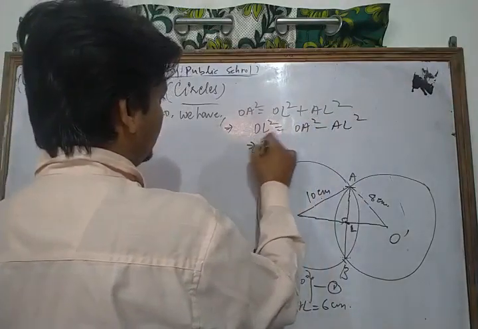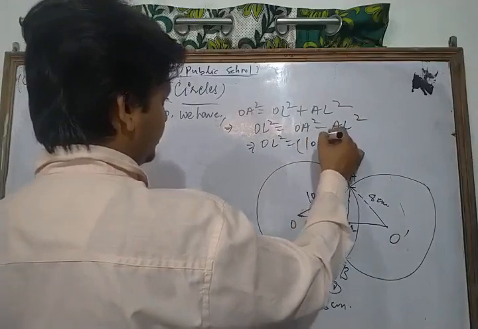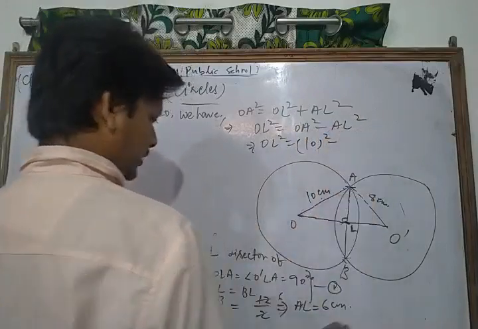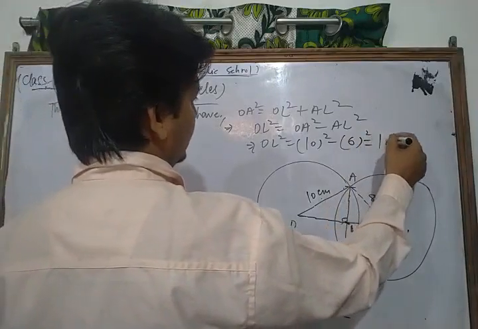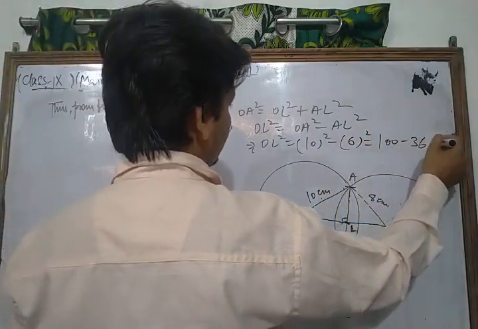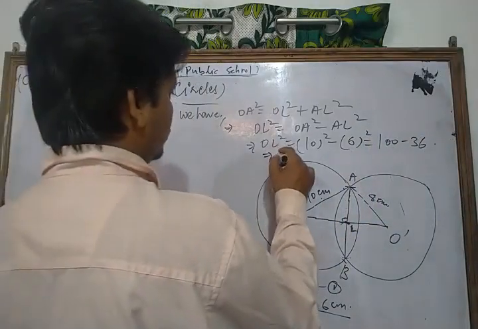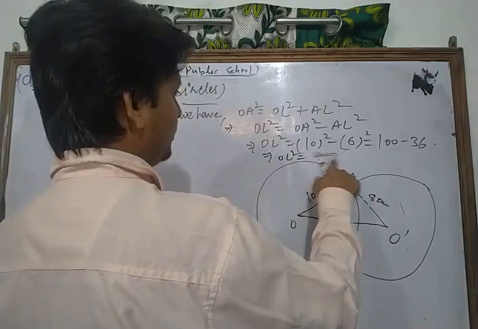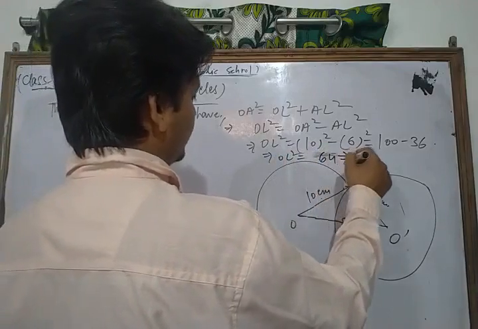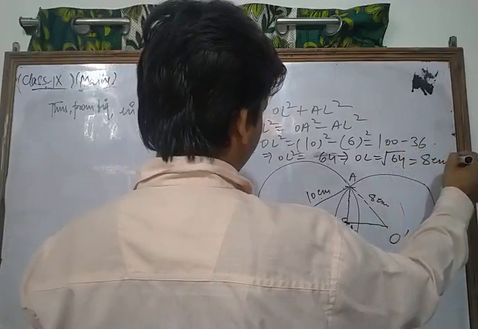So OL square, OA is 10, AL is 6 centimeter. So 100 minus 36, that is OL square is equal to 64. So OL is equal to square root of 64, that is 8 centimeter.